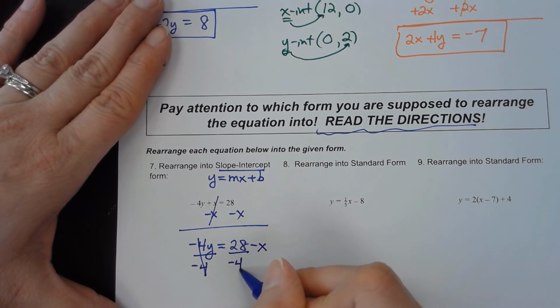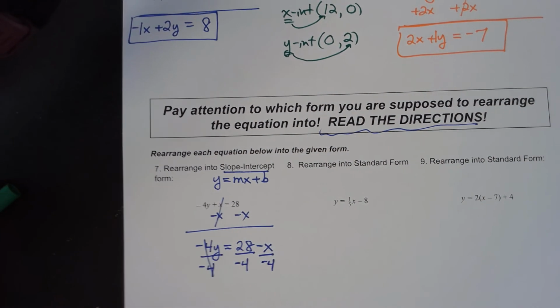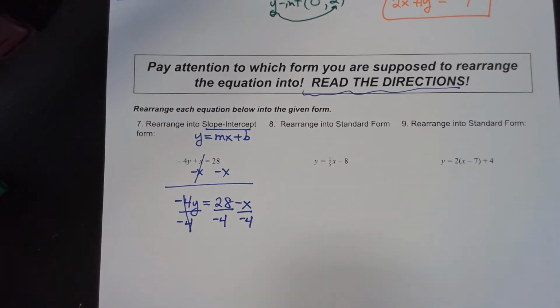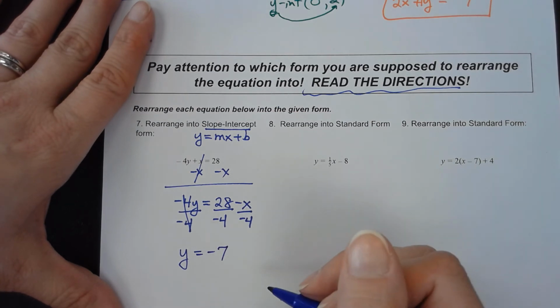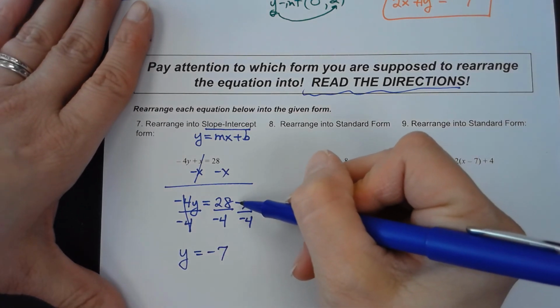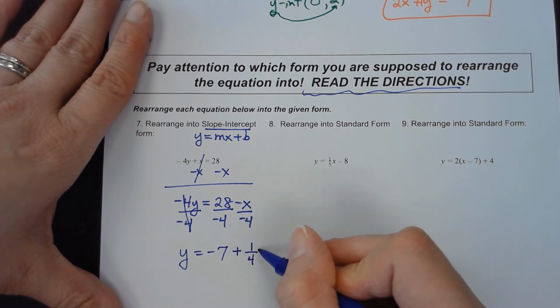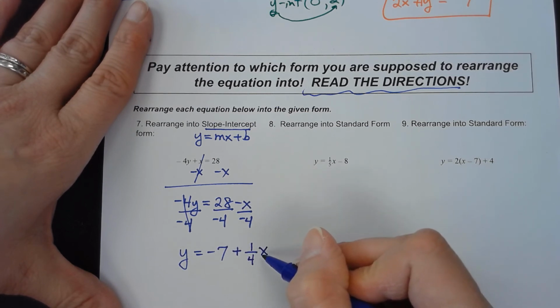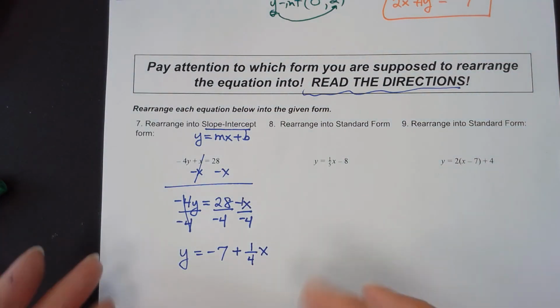Everybody gets divided by negative 4. So then we have y equals negative 7. A negative divided by a negative makes positive 1/4 x. There's an invisible 1 in front of x. 1 over 4 is 1/4.